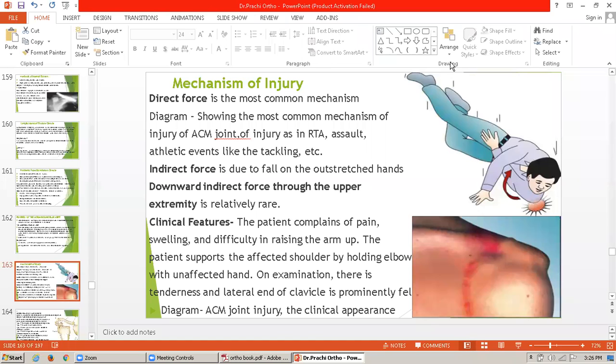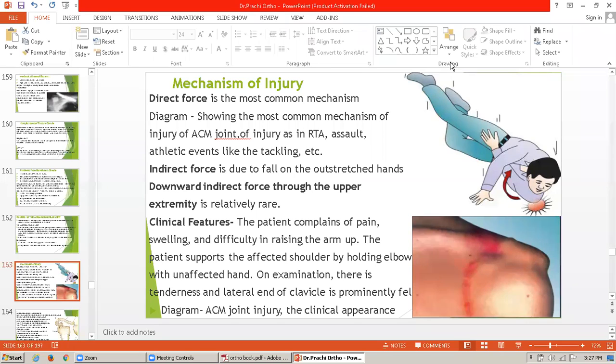Indirect force is due to a fall on an outstretched hand. Extremity is relatively rare.